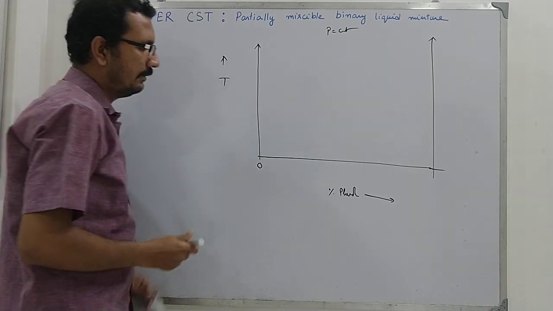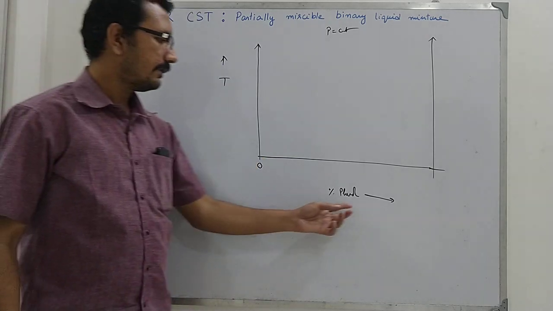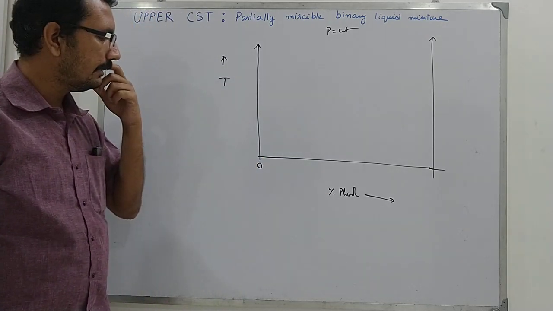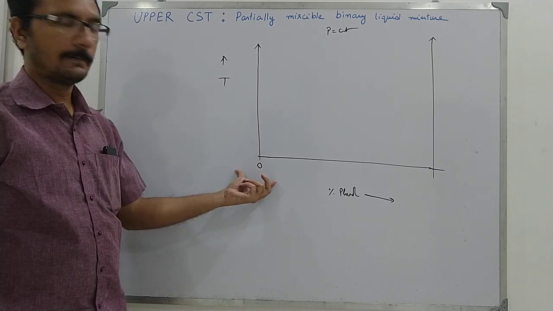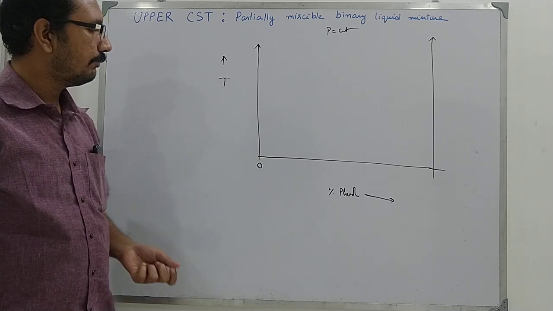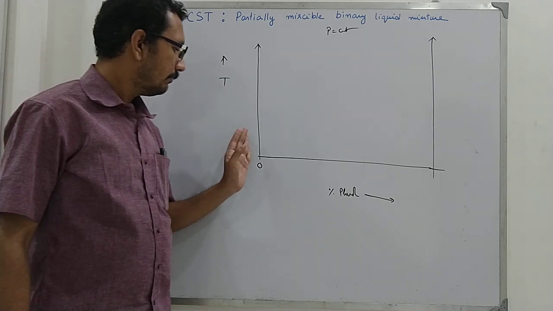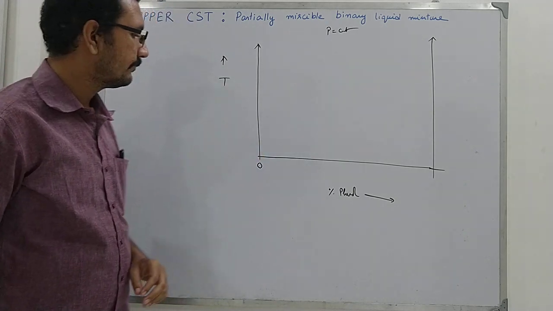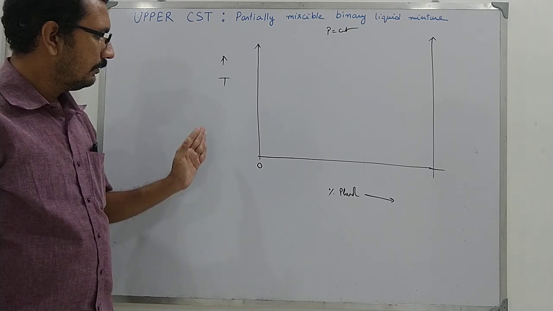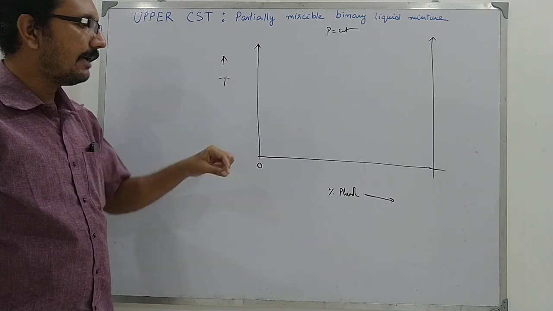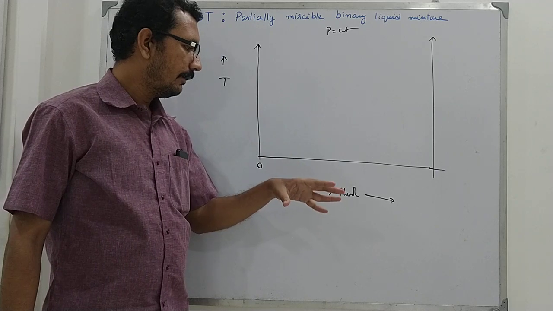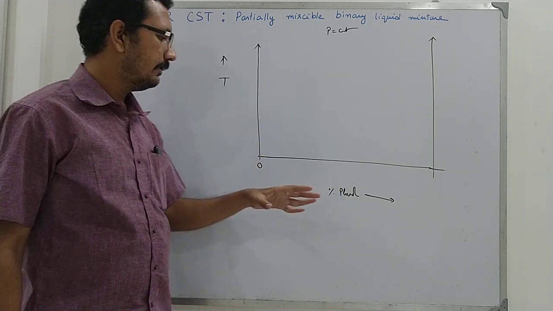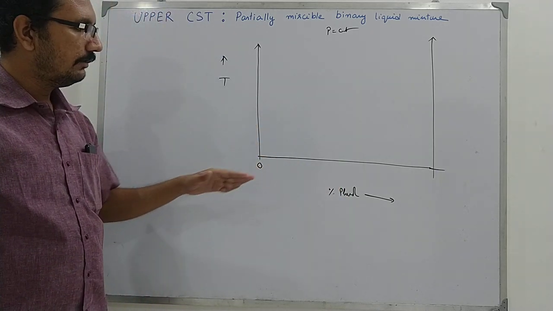Now when we have 0% phenol, what does that imply? We have 100% water. So we are starting with water. Now we are adding phenol gradually into it. So when phenol is in little amount, it will undergo complete dissolution within the water.